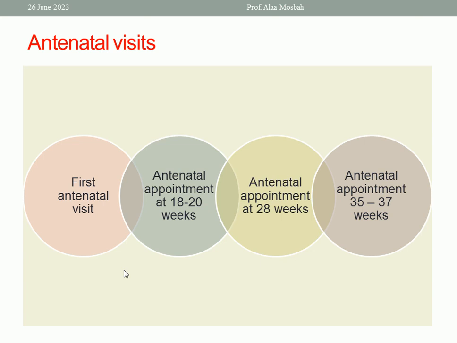Then another antenatal appointment between 35 to 37 weeks gestational age. This is the minimum. The minimum visits, as mentioned by WHO, is 4. This is the most important for time of visits or appointments during pregnancy. But the optimum is 8 or more, okay, as we'll see later on.